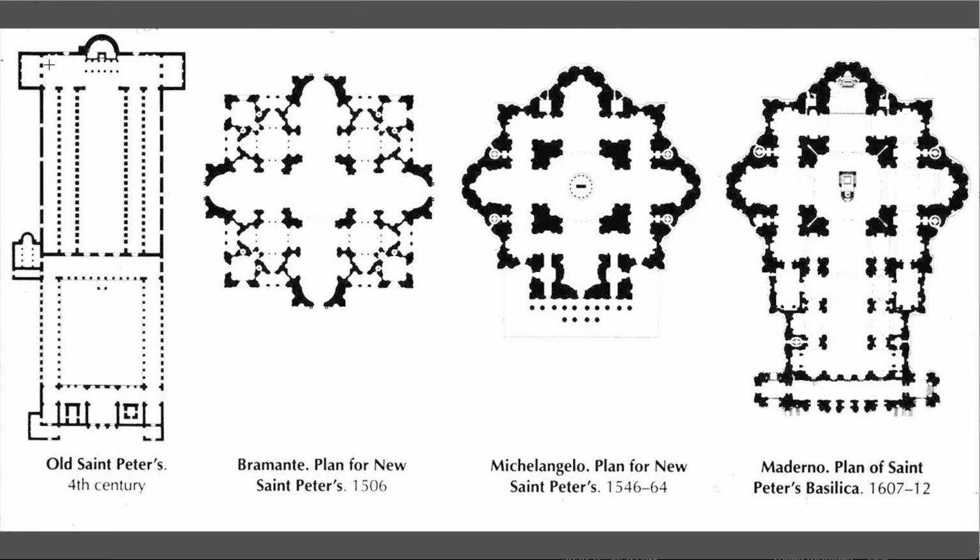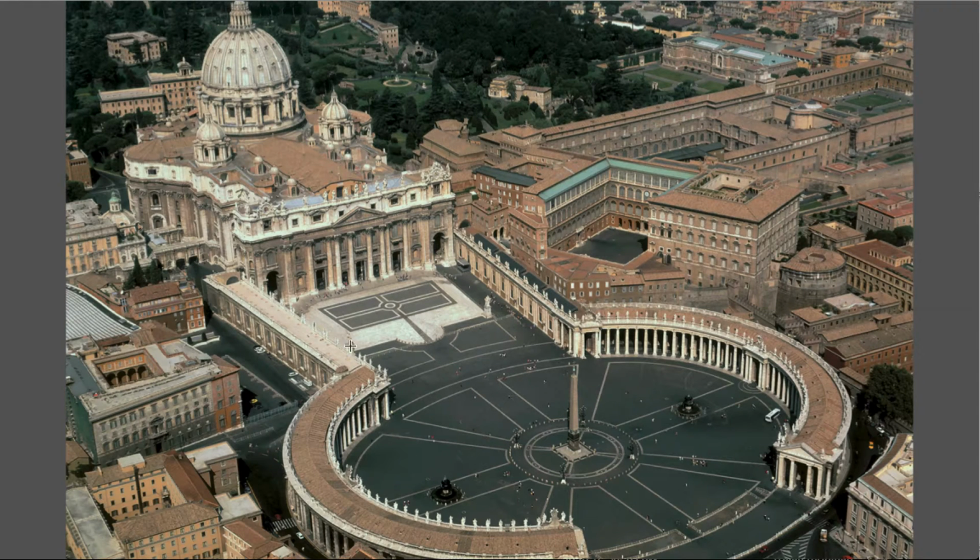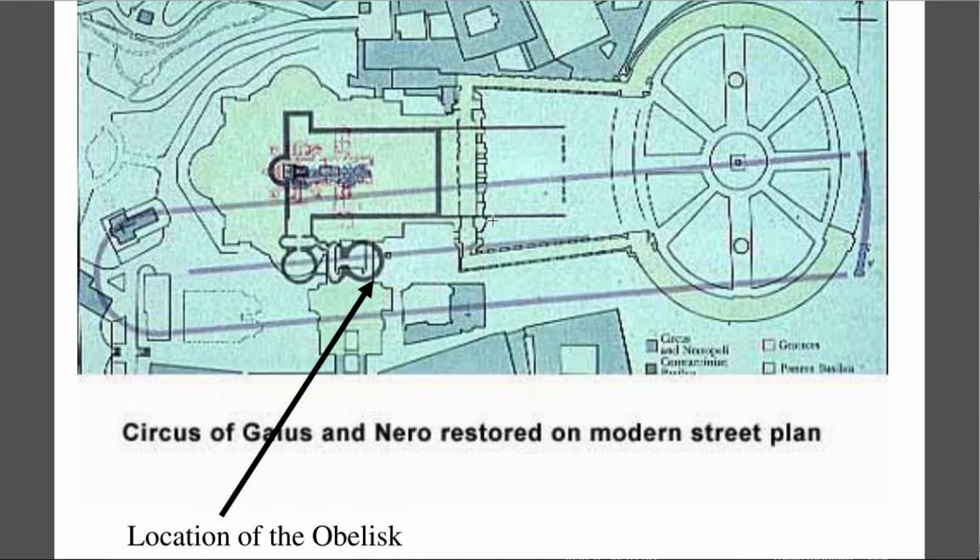So this is the history of the church, and you can see here that at the point when the church was being made, there were still buildings right here. If you look, the old church had a square in front of it, and then there was a building complex around this area here, and that was still in existence at the time that this was being built.